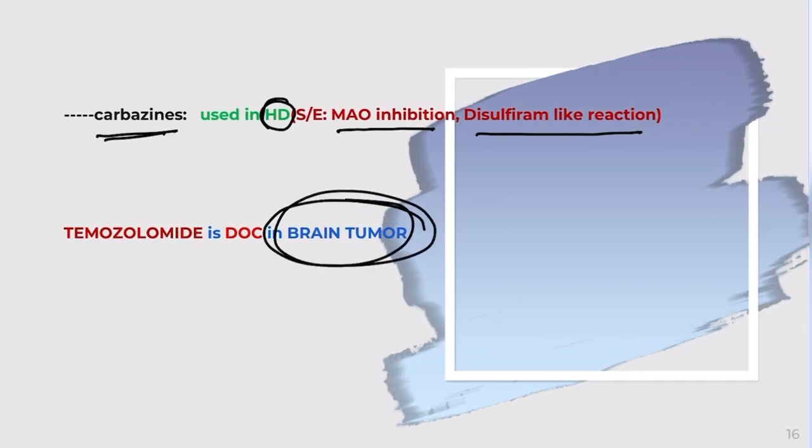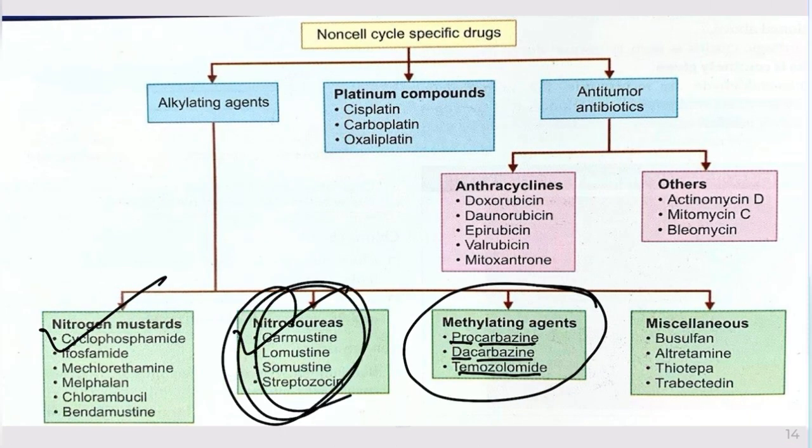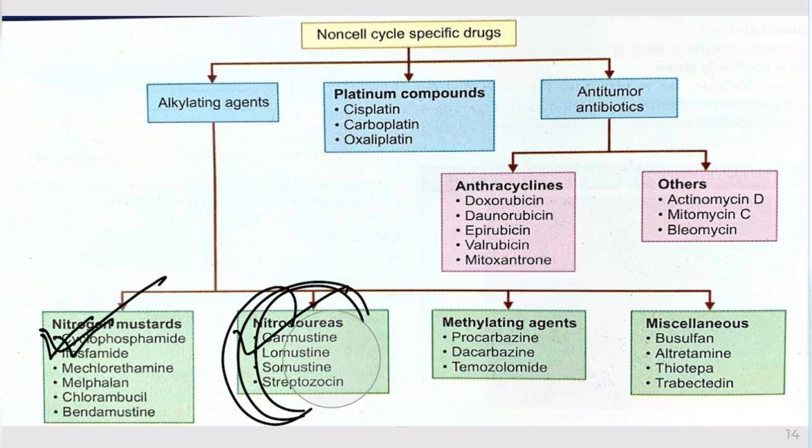Okay. So if you think nitrosoureas are tough, methylating agents are tough, don't read. But be ready to face questions from cyclophosphamide in second prof theory and viva. This is very important. Okay.